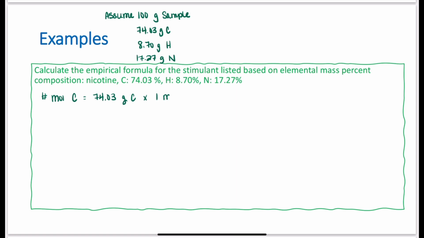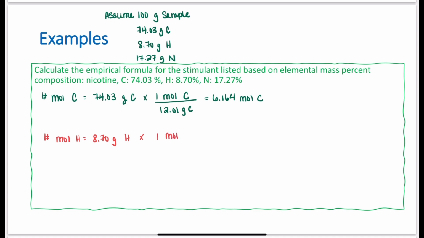74.03 grams of carbon. 1 mole of carbon is 12.01 grams of carbon. This gives me 6.16, hold on, see 74.03 divided by 12.01, 6.164 moles of carbon. Looking at hydrogen, I have 8.70 grams of hydrogen. 1 mole of hydrogen is 1.008 grams.